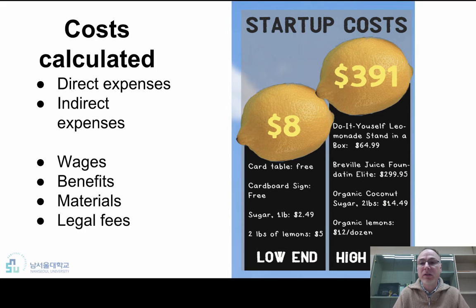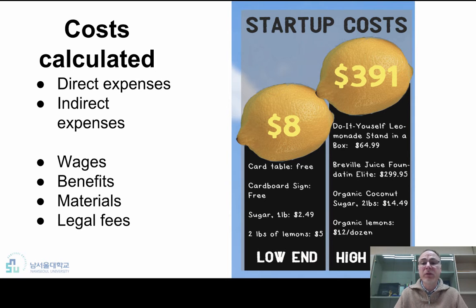So he evaluated the startup costs, including all of the direct and indirect expenses, including things like wages, benefits, materials, legal fees, and the variable costs of the lemons, the cups, and the sugar, for example. All of those things Pat tried to estimate.